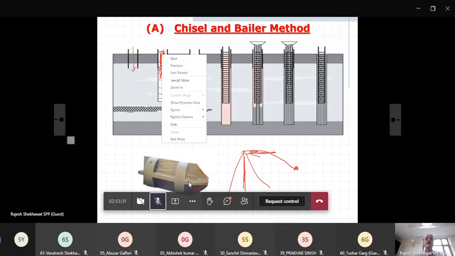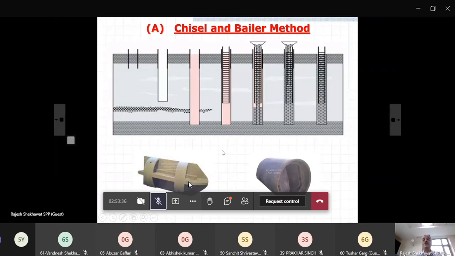Then after a sufficient amount of ground is pulverized, you use what is known as a baler. It is a cylindrical thing with a flap at the bottom. From the same pulley, you remove the chisel, you hang the baler on this tripod, and then you drop the baler in the same borehole.